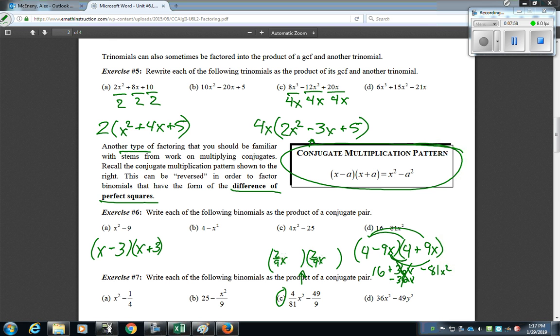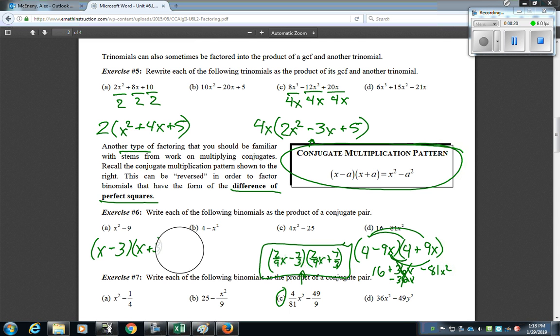And then 49 is a perfect square of 7, and 9 is a perfect square of 3. So it'll be minus 7 over 3 and plus 7 over 3. So fractions, the numbers in the fractions, if they're perfect squares, this can be done as well. So that would be your perfect square pair in that case.